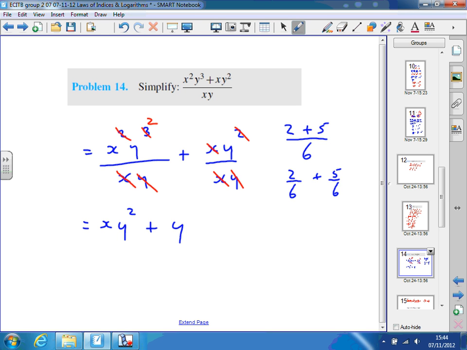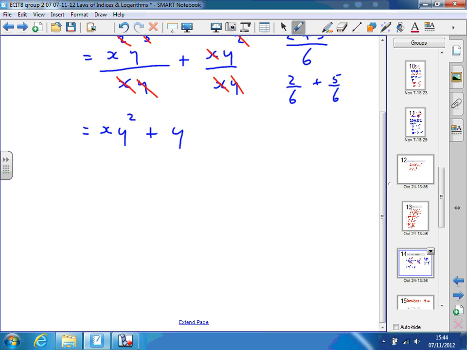And then if we wanted to, you could go a step further and factorize, because y is common to both of these. So we can take a y outside the bracket. What am I left with inside the bracket? What have I got to times y by to get xy squared? xy. What have I got to times y by to get y? 1. So it factorizes down to y into xy plus 1.